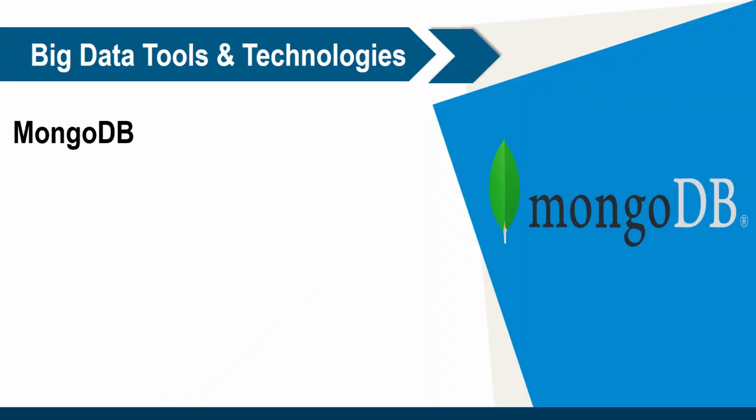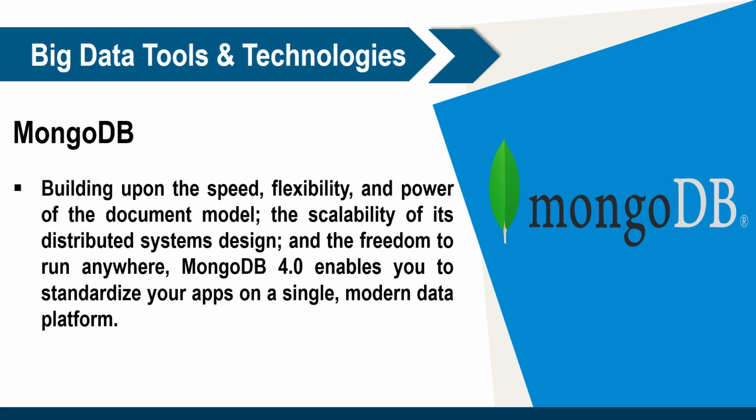Next tool is MongoDB, built upon the speed, flexibility, and power of the document model. So this is a NoSQL database where you manage your information as a set of documents. With the capability of its distributed system design and the freedom to run anywhere, MongoDB enables you to standardize your app on a single modern data platform.